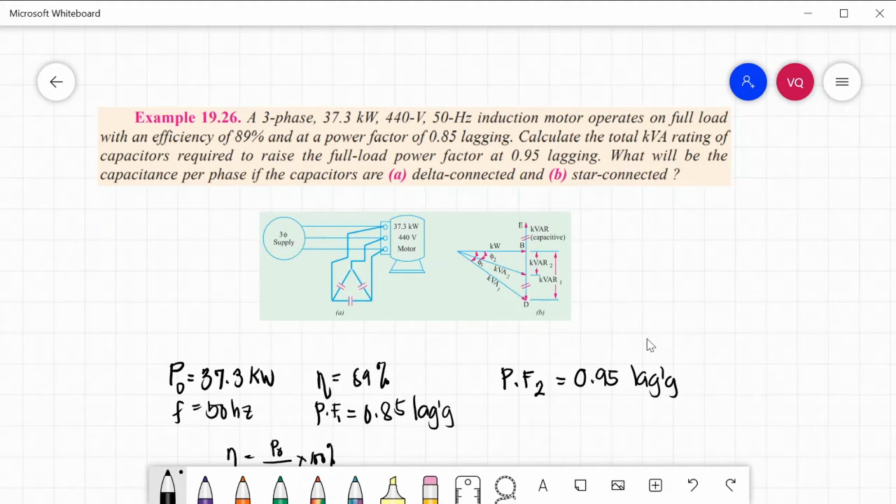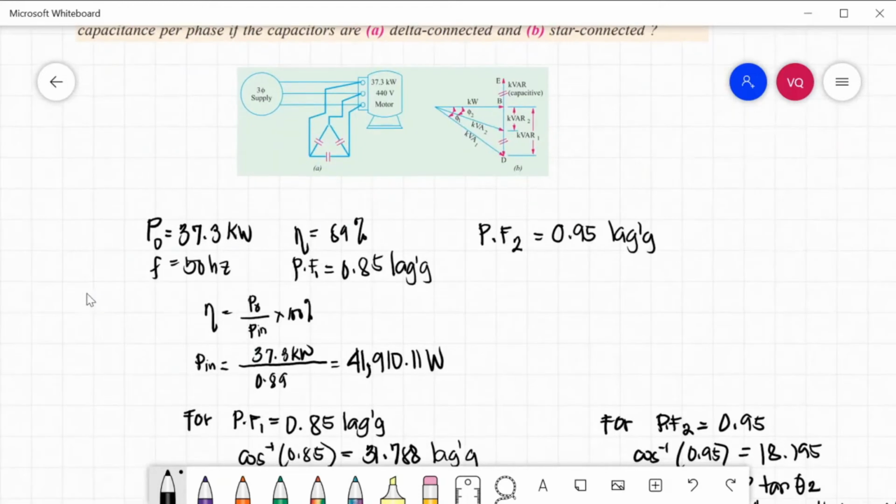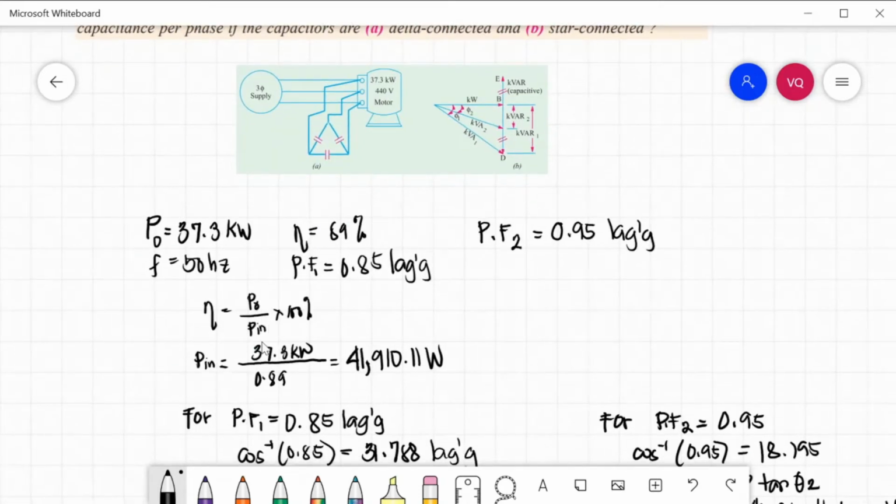Now, of course, first we must compute the input power dito. To do that, we have efficiency equal to output over input times 100%. That is, P input equal to 37.3 kilowatt divided by the efficiency, 0.89.